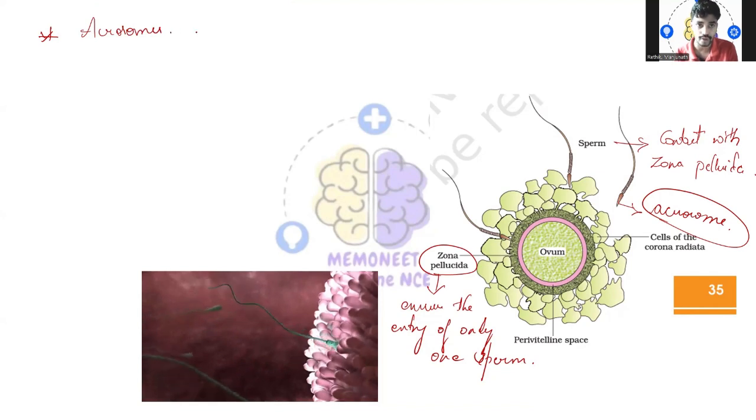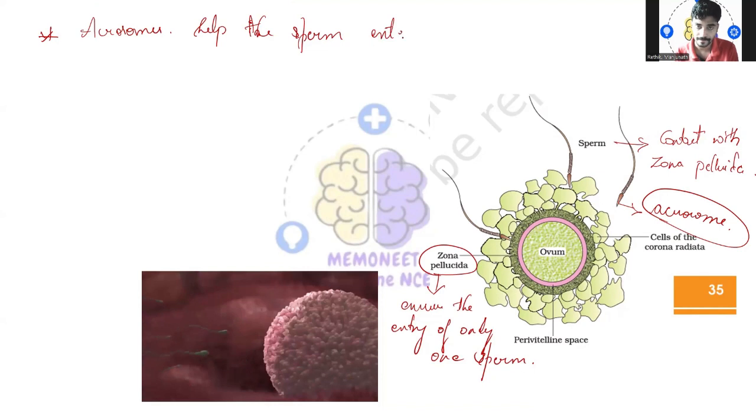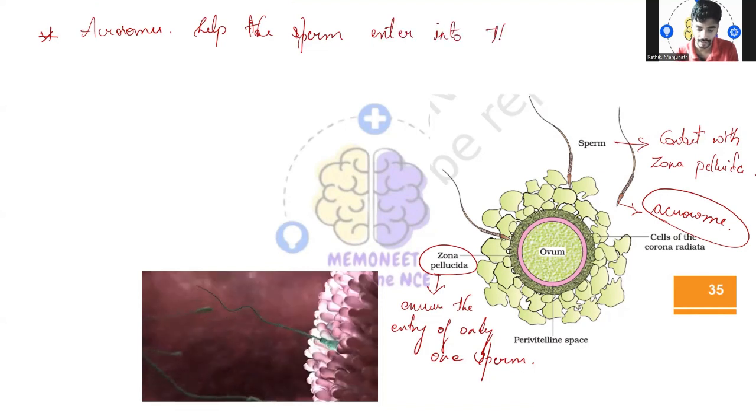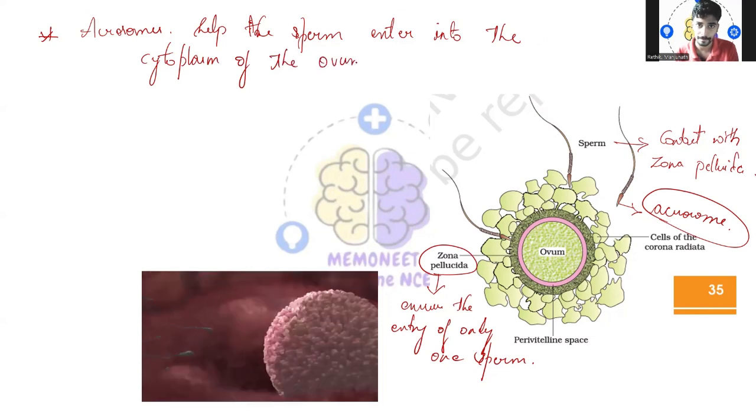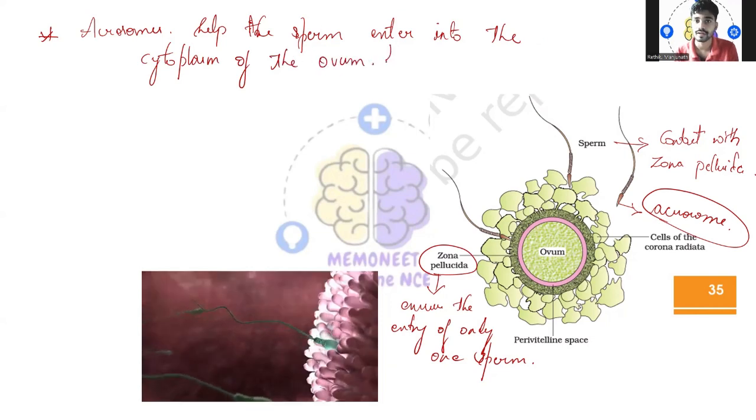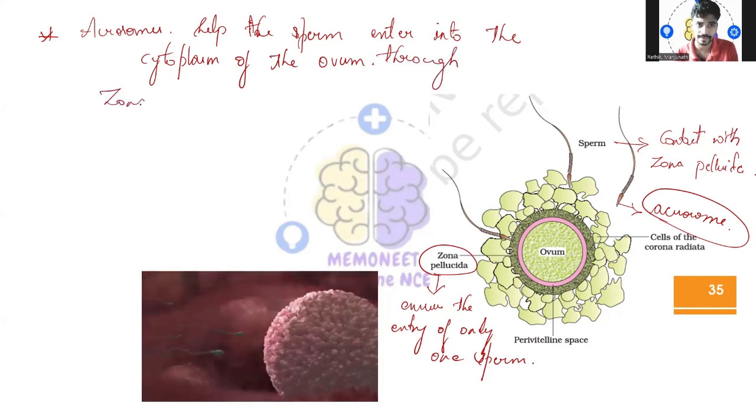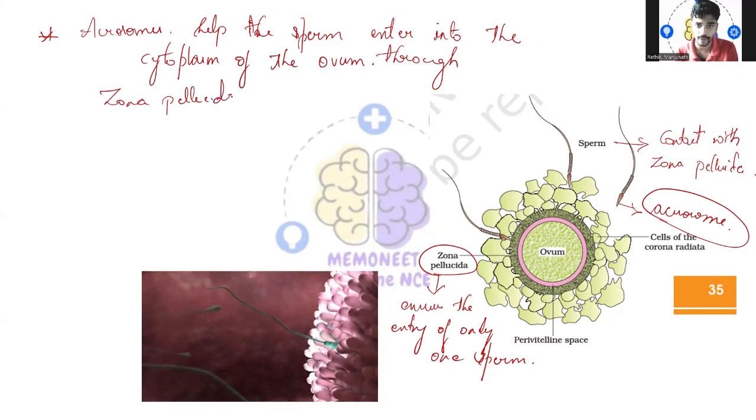These acrosomes help the sperm to enter into the cytoplasm of the ovum through this region, that is the zona pellucida region.